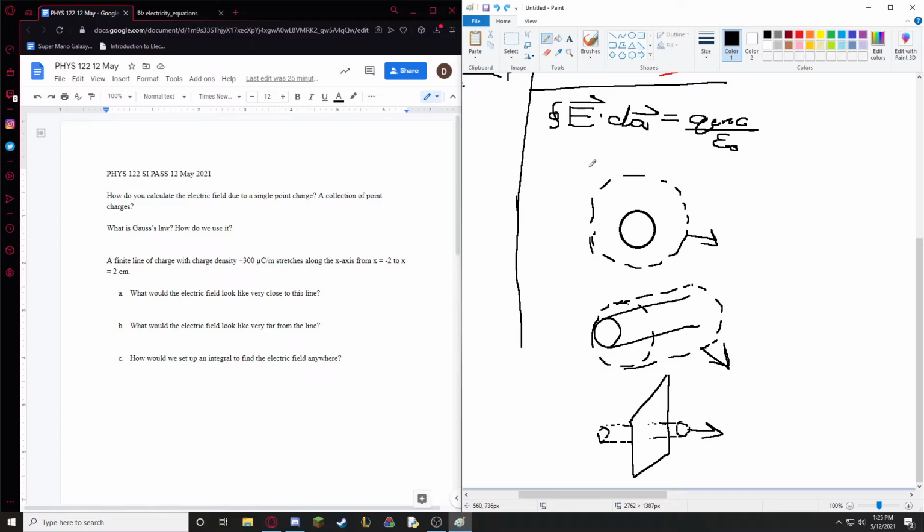For our Gaussian surfaces, we said there was some sort of symmetry, right? On the formula sheet there's this expression, sigma divided by 2 epsilon naught. Are you taking a look at your formula sheet?